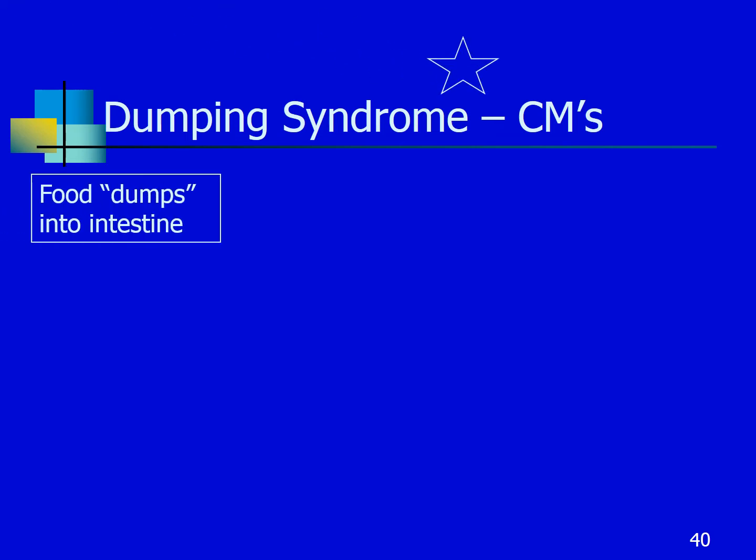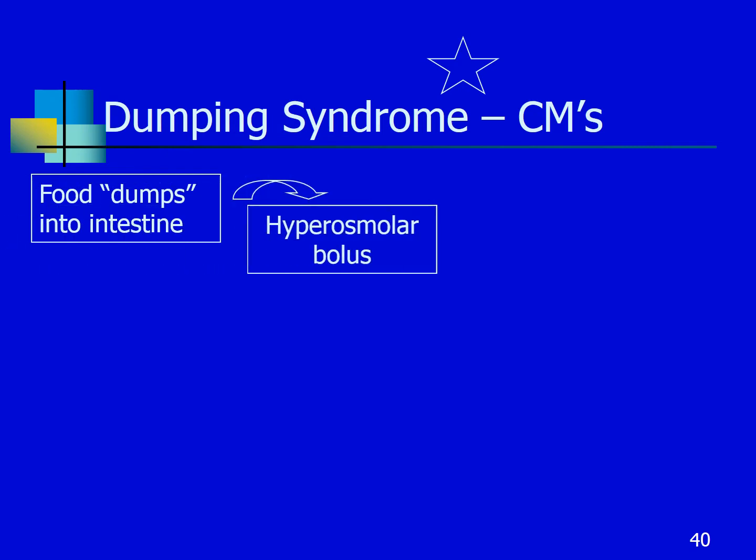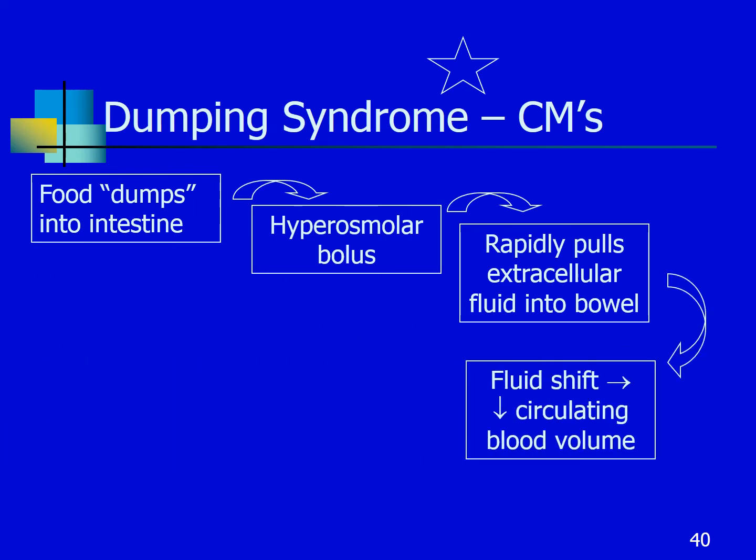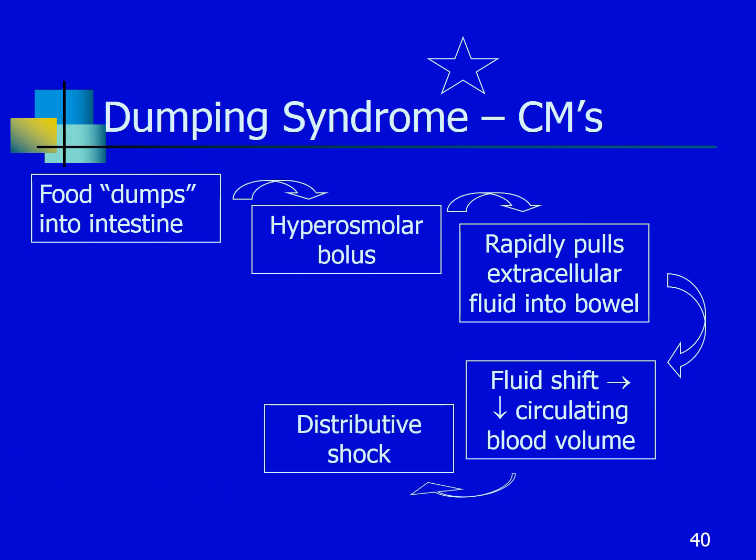So dumping syndrome has common manifestations. What happens is that the food dumps into the intestine and causes a hyperosmotic bolus. Because of that, it dumps, and it dumps fast, leading to rapid pulls of extracellular fluid into the bowel, and that causes the fluid to shift from the circulating blood volume, right?